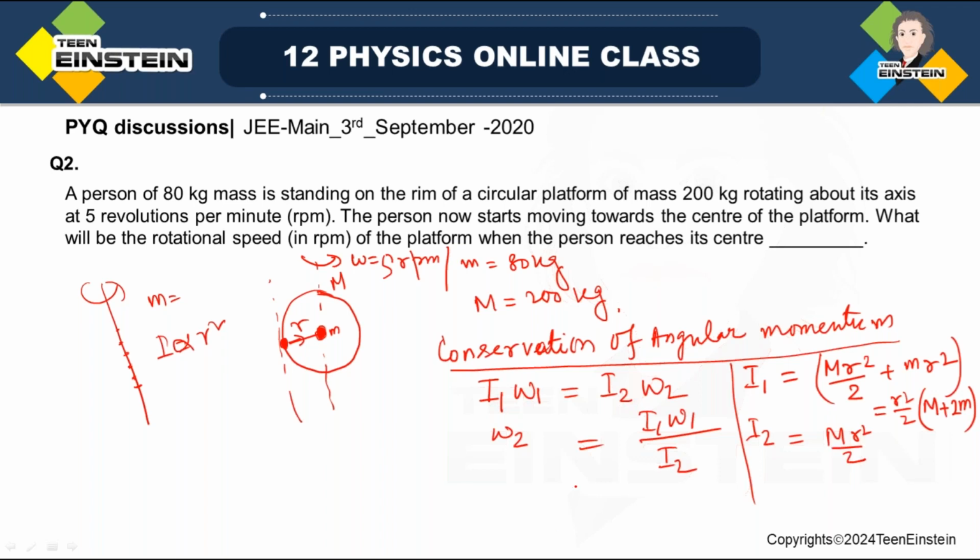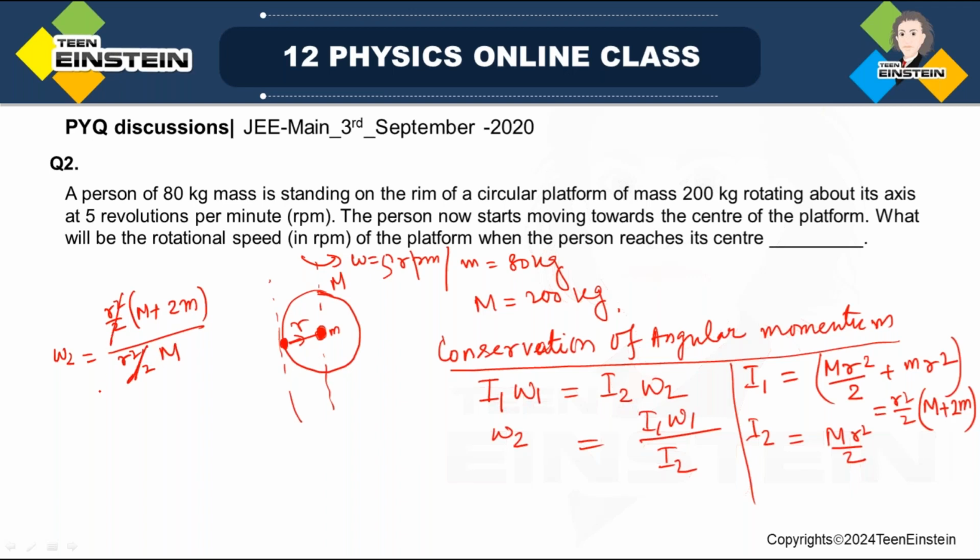Okay, all right, now things are done. I have to do the calculation part. The calculation will be very simple here. See, omega 2 I have to find out. So I1 I have found out: r square by 2 capital M plus 2 into small m, divided by r square by 2 capital M, right?